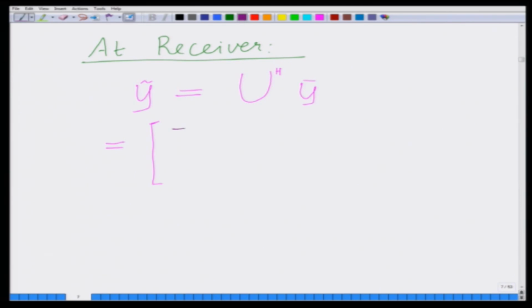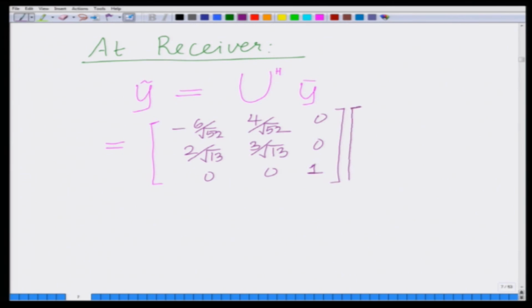So, U Hermitian is [-6/√52, 4/√52, 0; 2/√13, 3/√13, 0; 0, 0, 1] times y1, y2, y3.